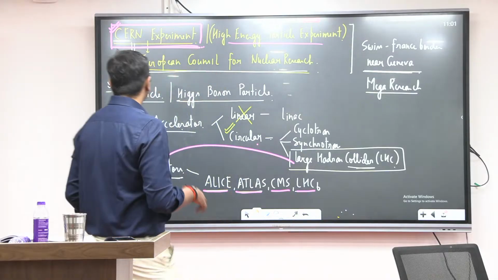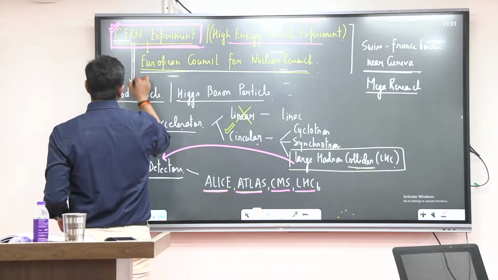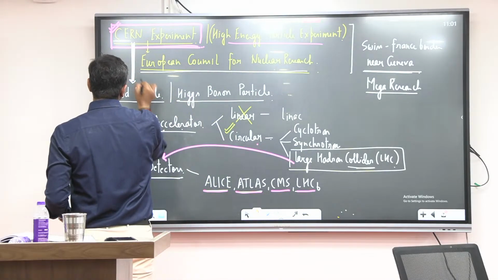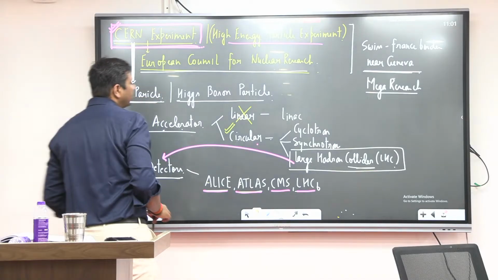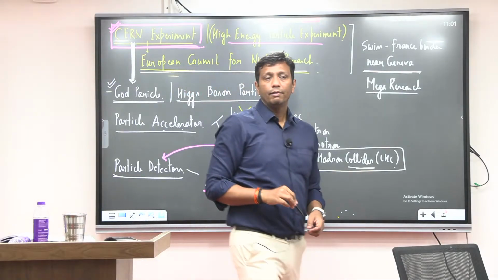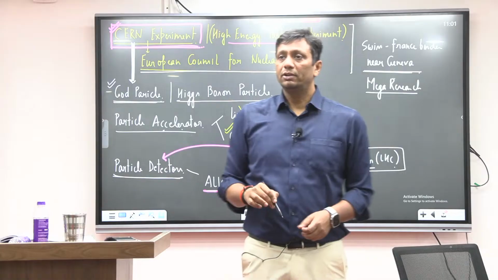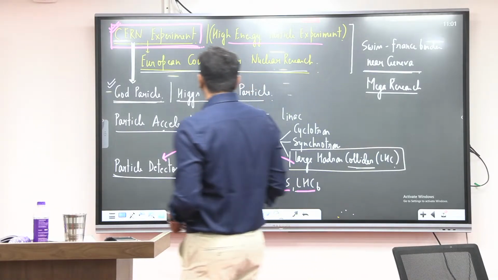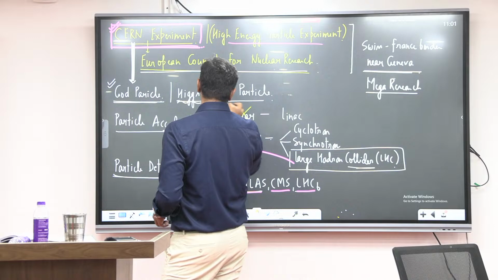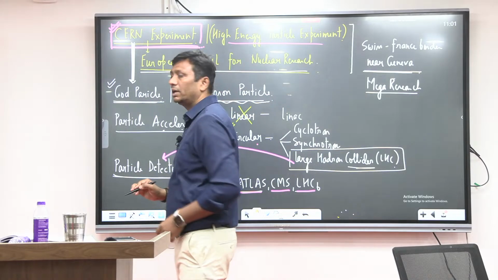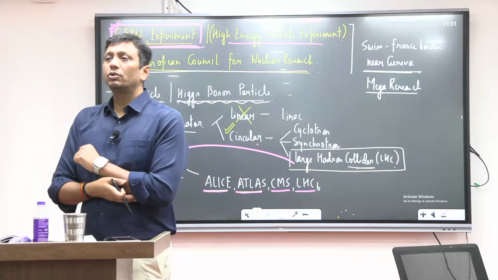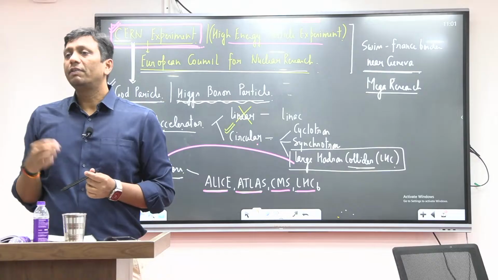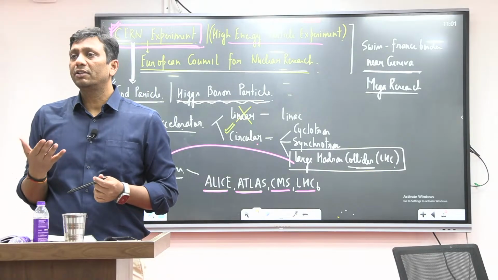Now, why is this experiment required? The answer is very simple: we wanted to study dark particles. Dark particle is also called what? The Higgs Boson particle. I'll tell you why the study of dark particles is important.